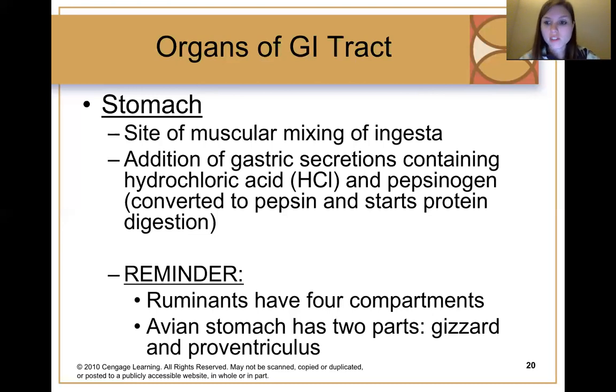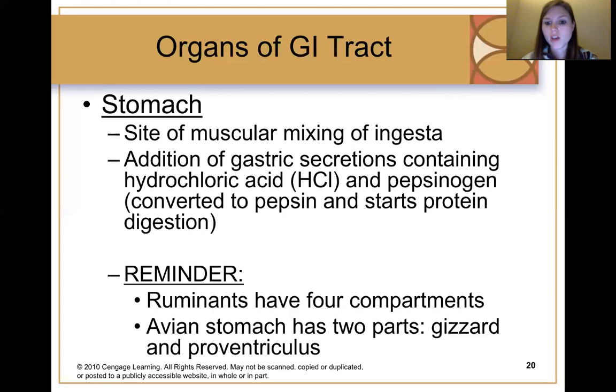And then also the stomach will add gastric secretions. The gastric secretions will contain hydrochloric acid, or you can just write it or know it as HCl, and then pepsinogen. And pepsinogen is important for protein digestion. Pepsinogen is actually an inactive form known as a zymogen, and then it's converted to pepsin.